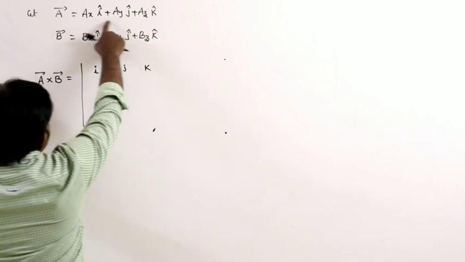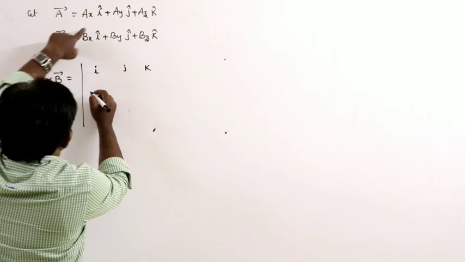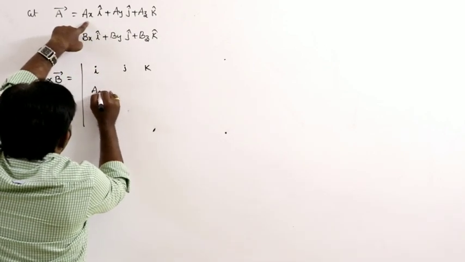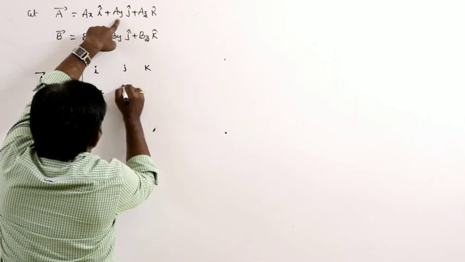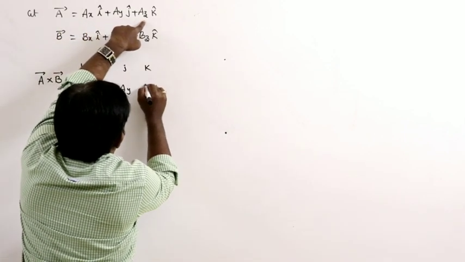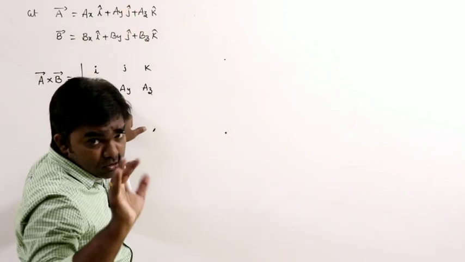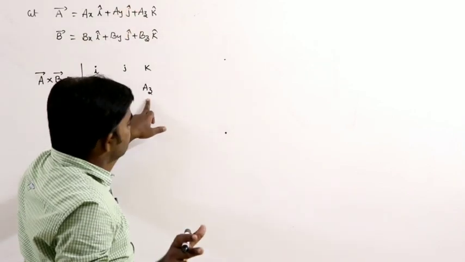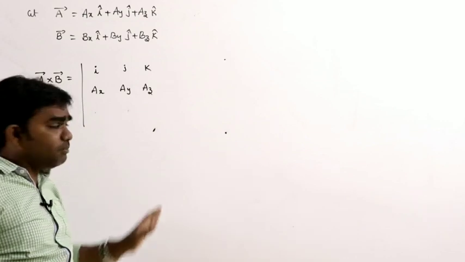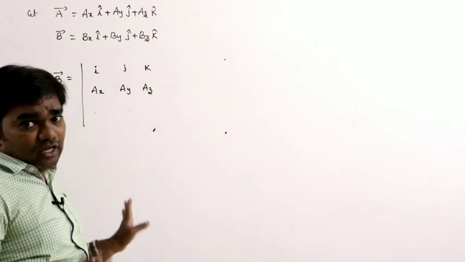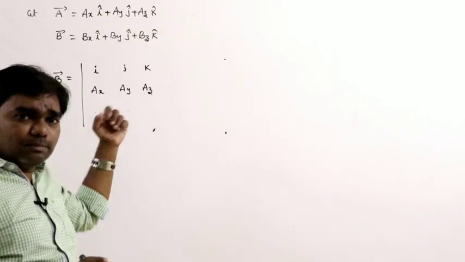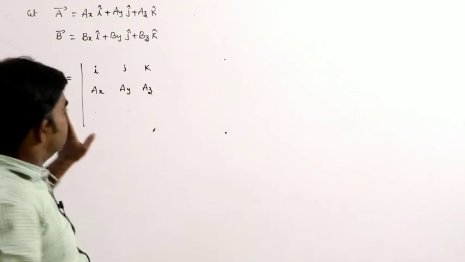First write the components of the first vector. What is the component of I? Ax. What is the component of J? Ay. What is the component of K? Az. If there is no y component, keep 0. If there is no k component, keep 0 like that. If any one component is absent, then place 0 instead of that.